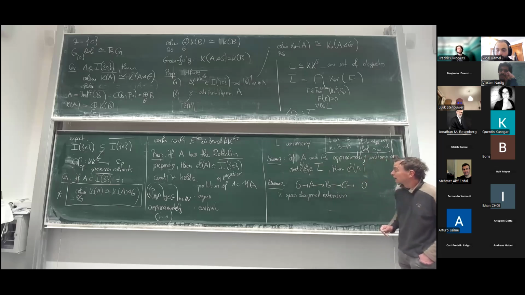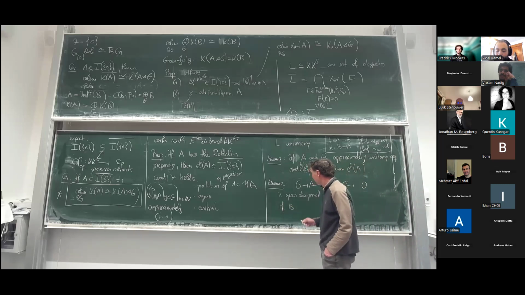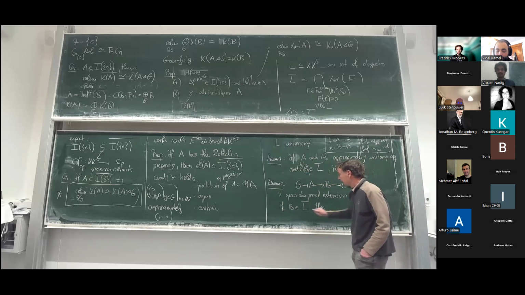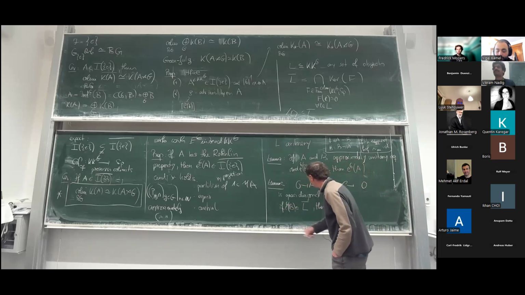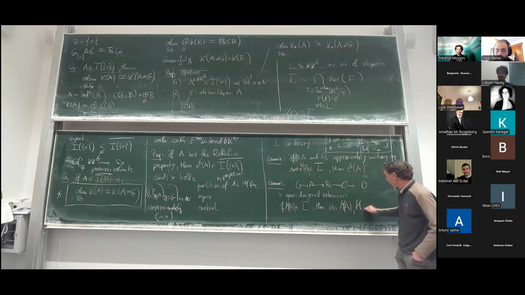Then if B is in L bar, or again, EG of B, then also A and C, EG of A and EG of C.